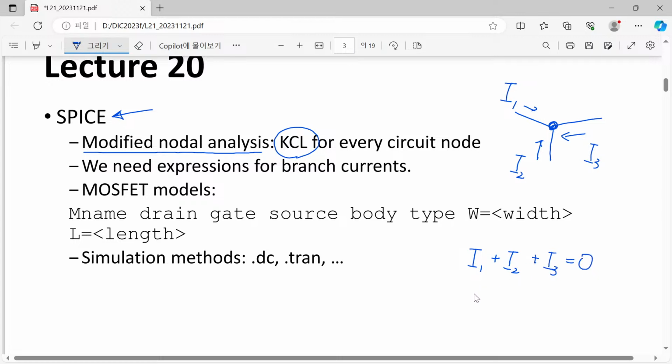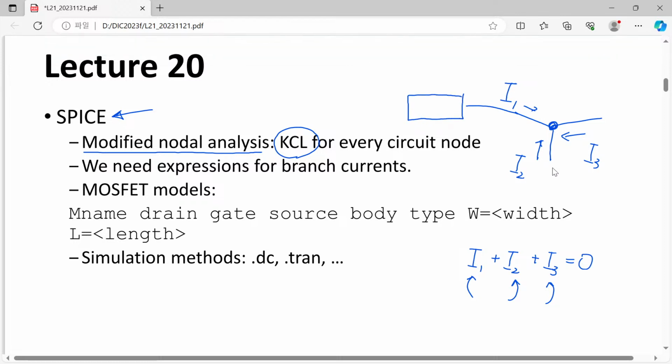Then the natural question is, what is the form of I1, I2, and I3? It really depends on the nature of the circuit element attached to this branch. So we need additional equations for branch current.